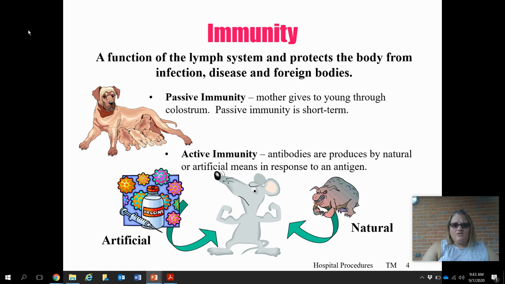The other way, the least harmful kind of way that doesn't cause you to be down for too long, is by artificial means, and that is through vaccination. And we've heard a lot about that the last couple months in trying to get a vaccination for the coronavirus.